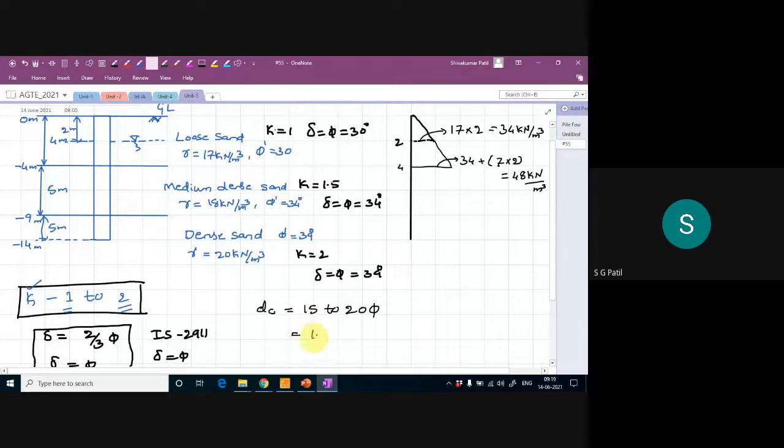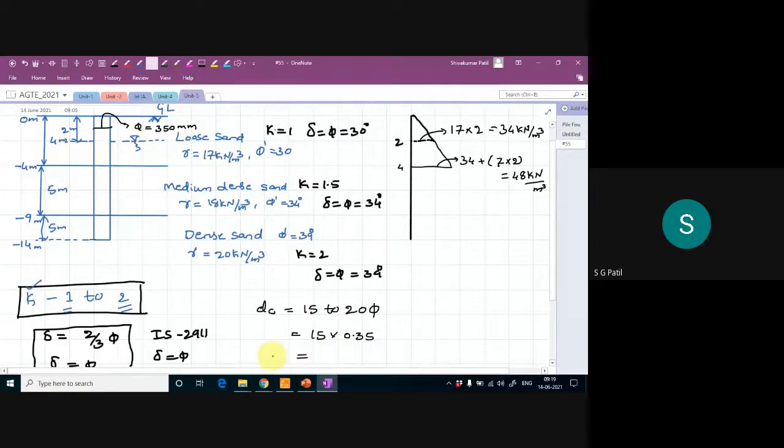So 15 into, what is the diameter of the pile? The diameter of the pile is 350 mm. So 15 into 0.35.